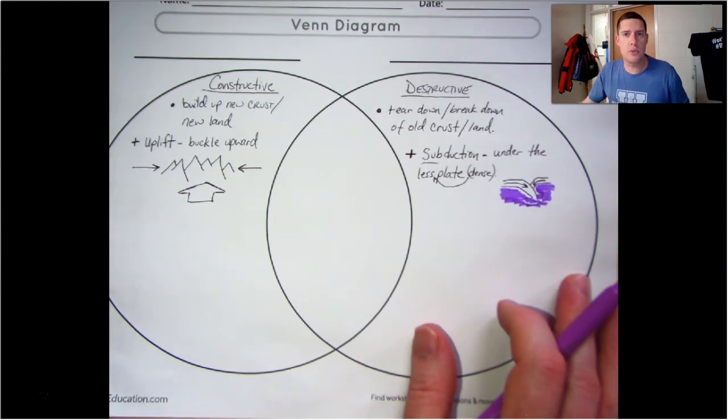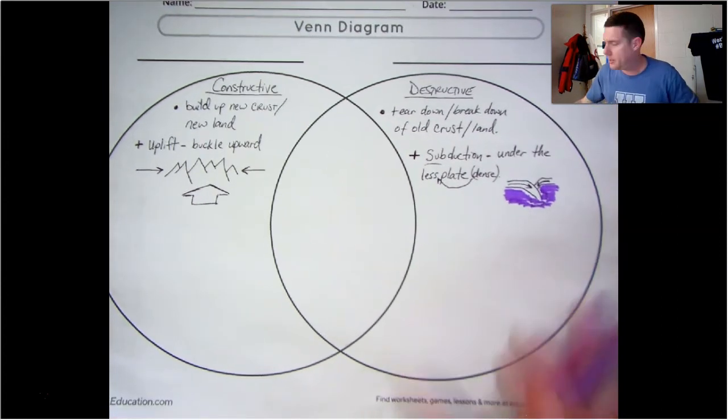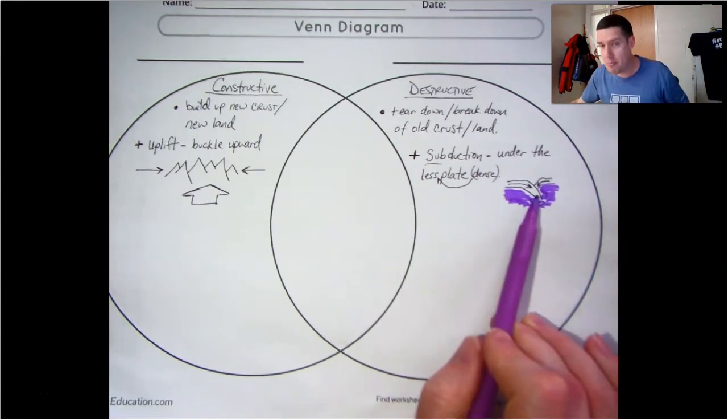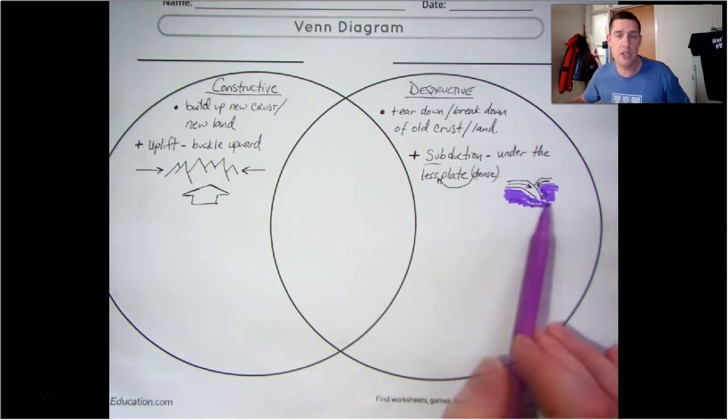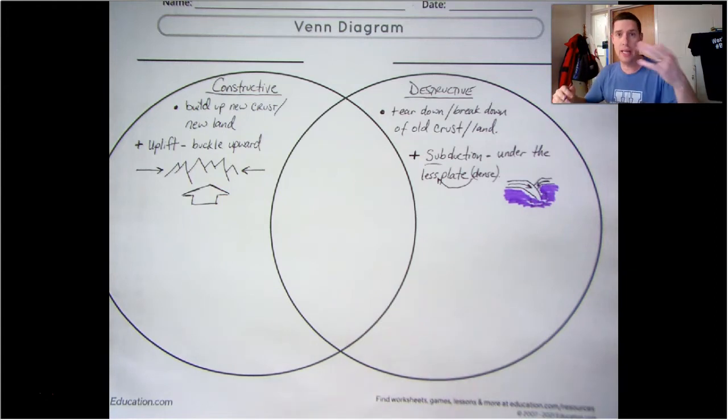There's great heat, there's great pressure there, and it's tearing down, breaking down, and melting down old crust. It's turning it into new asthenosphere or new magma that later, somewhere else on some volcano, will be re-erupted back out onto the surface of our planet to create new crust.